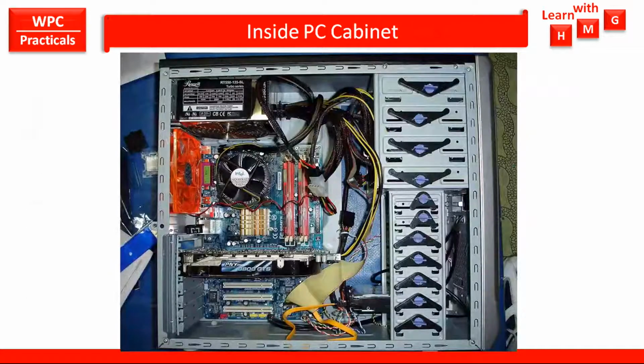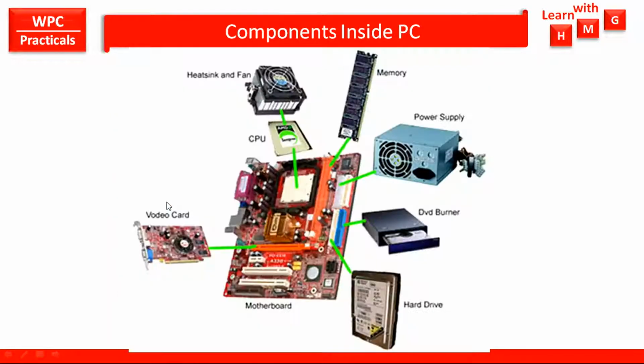Now let us go inside. So this is the inside view of the PC cabinet, and you can view there are many cables, wires and electronic circuit boards, etc. So what are these? Let us see one by one. So first, these internal components are separated.